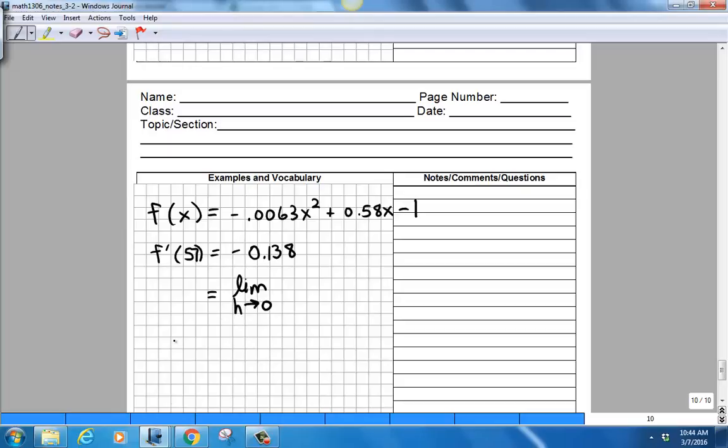You're going to take the limit as h approaches 0 of what? F of 57 plus h, right? Minus f of 57, okay? All of that divided by 57 plus h minus 57, all right?